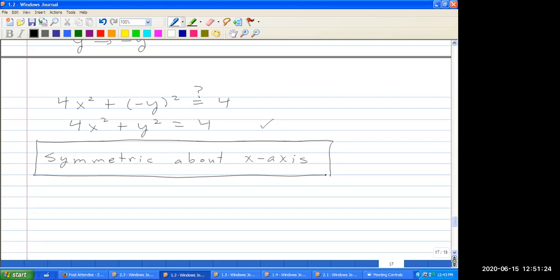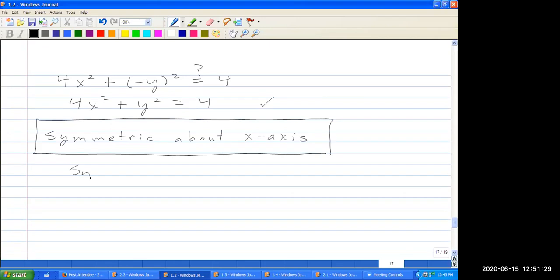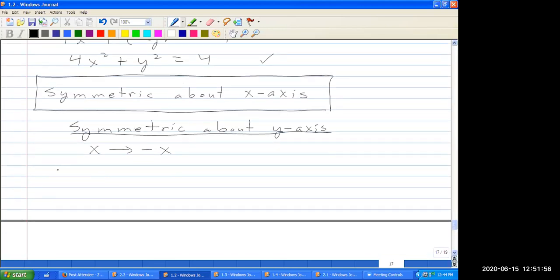Okay. Let's see if it's symmetric about the y-axis. So to test if it's symmetric about the y-axis, I replace x by negative x and see if the equation is still valid. And so I'll replace x here by negative x.